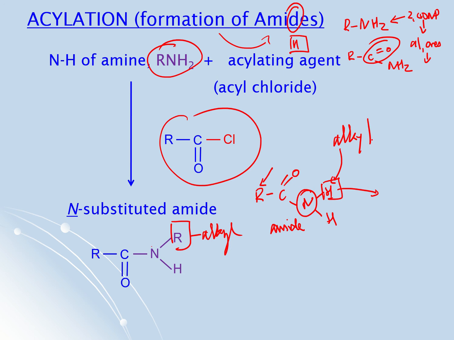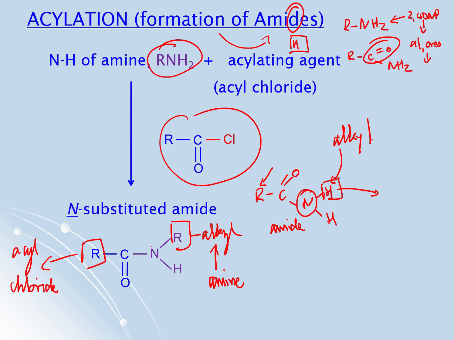Now, your R group that you have here will depend on your original amine. Your R group that you have here will depend on whatever acyl chloride you react with your original amine.